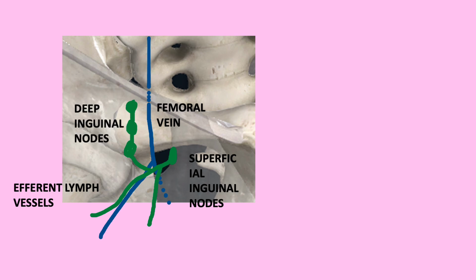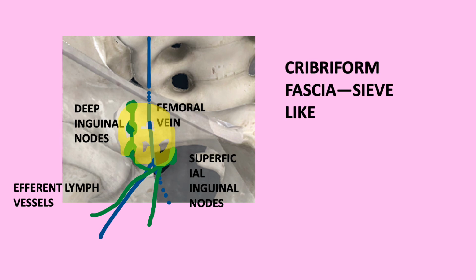And you have another fascia found in this small opening. This fascia is known as our cribriform fascia. As you know from our skull, you have the cribriform plate in our ethmoid bone. So why is this known as the cribriform fascia?